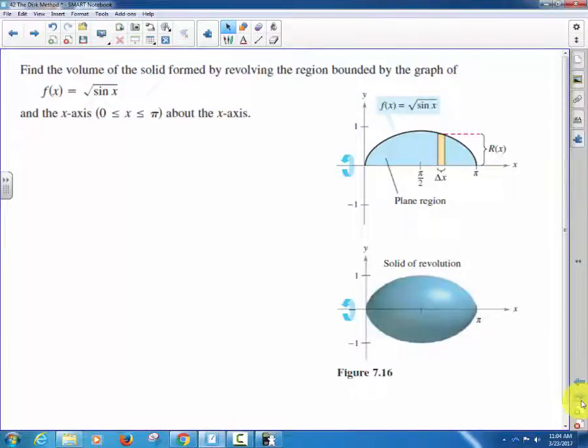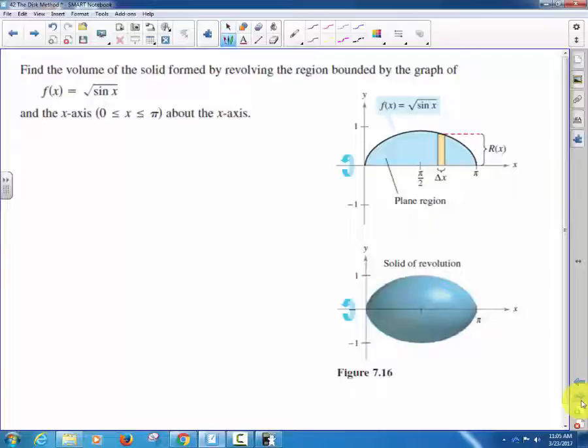All right, find the volume of the solid formed by revolving the region bounded by the graph of blah and the x-axis, about the x-axis. Notice we don't give you any limits of integration this time, do we? If you've got the picture, you can probably determine your limits of integration.